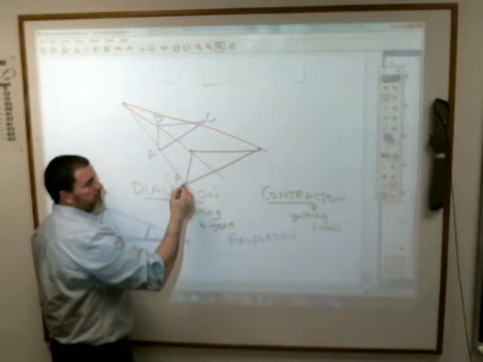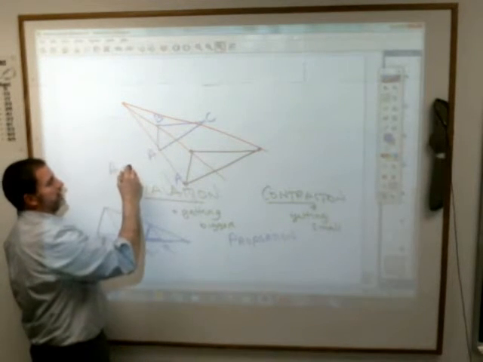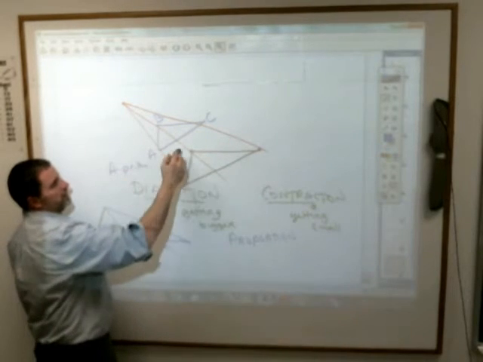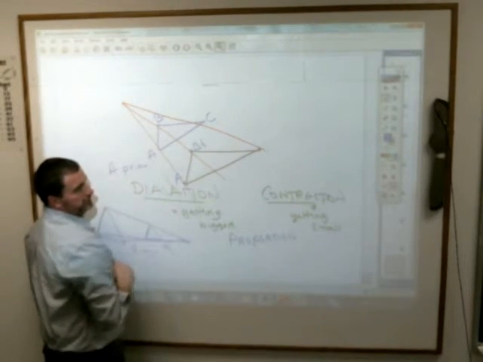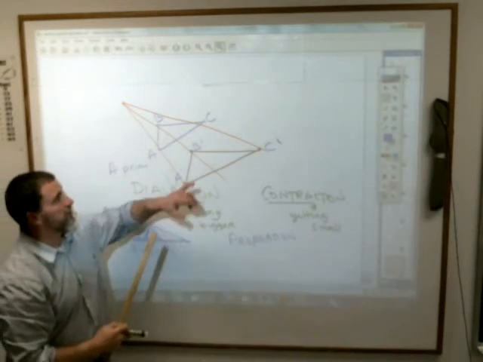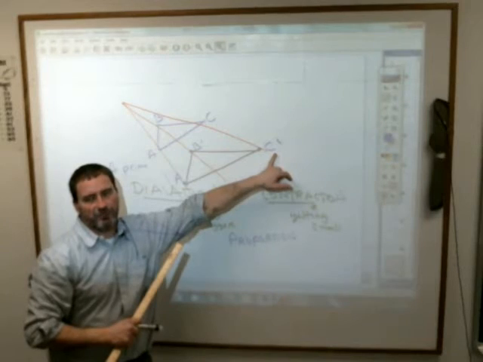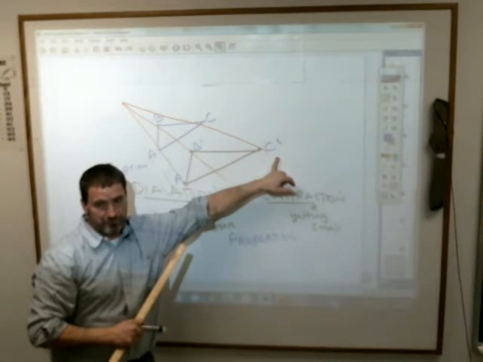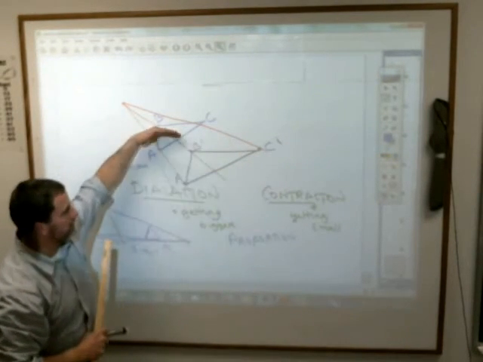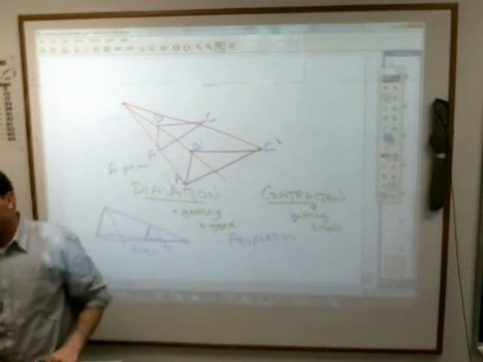If I were talking about this point right here, I would call it A prime. This would be B prime, and this would be C prime. It shows that it corresponds to C, but it isn't the same exact point. It's a way to keep yourself organized so you don't get the letters mixed up.